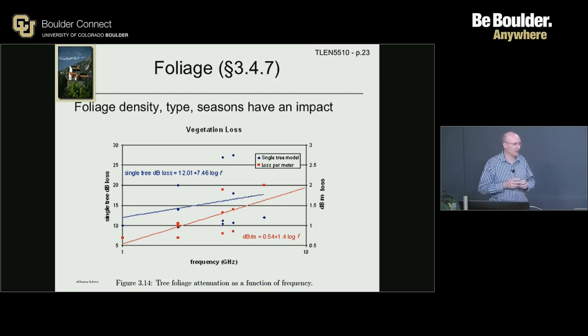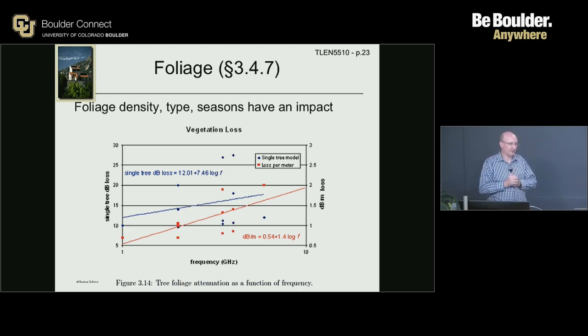I mean, there are some wonderful models, and a number can be used and are very often used by software in the industry in a couple of ways. They either do a single tree model, and then you try to estimate how many trees are in your path, and you remove that from or add that to your path loss. And then others just do a loss per meter of vegetation in forest, etc., and then you try to estimate.